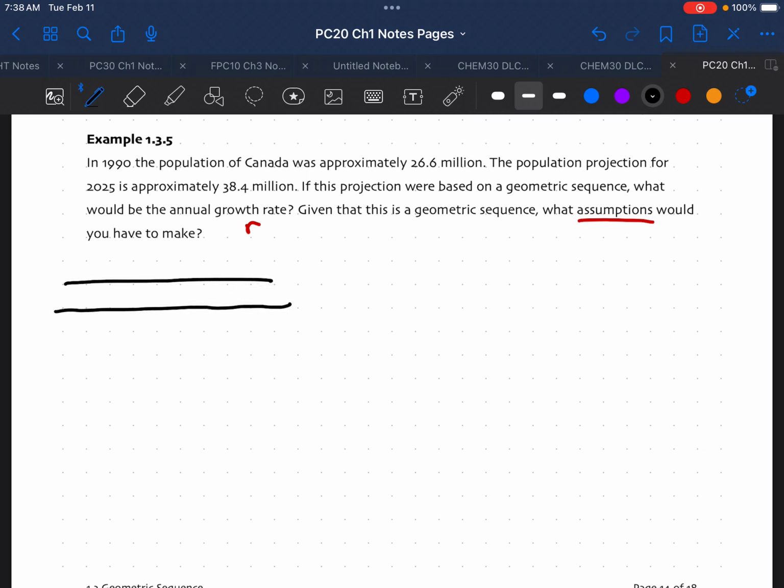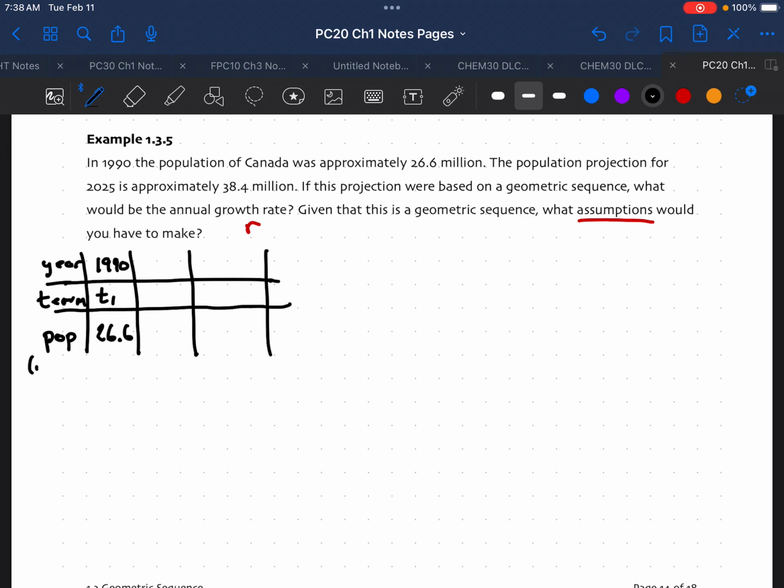This one we're going to need 3 rows for, because we're going to have year, term, and population. So in 1990, that's term 1, we have about 26.6.